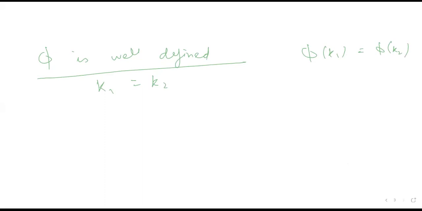Well defined means that if we take any two equal elements, the function should always give the same value, right? Okay, so this is simple. Just pre-multiply by H because k1 equals k2. So H k1 equals H k2. This means phi of k1 equals phi of k2. Hence, this is well defined, proved.